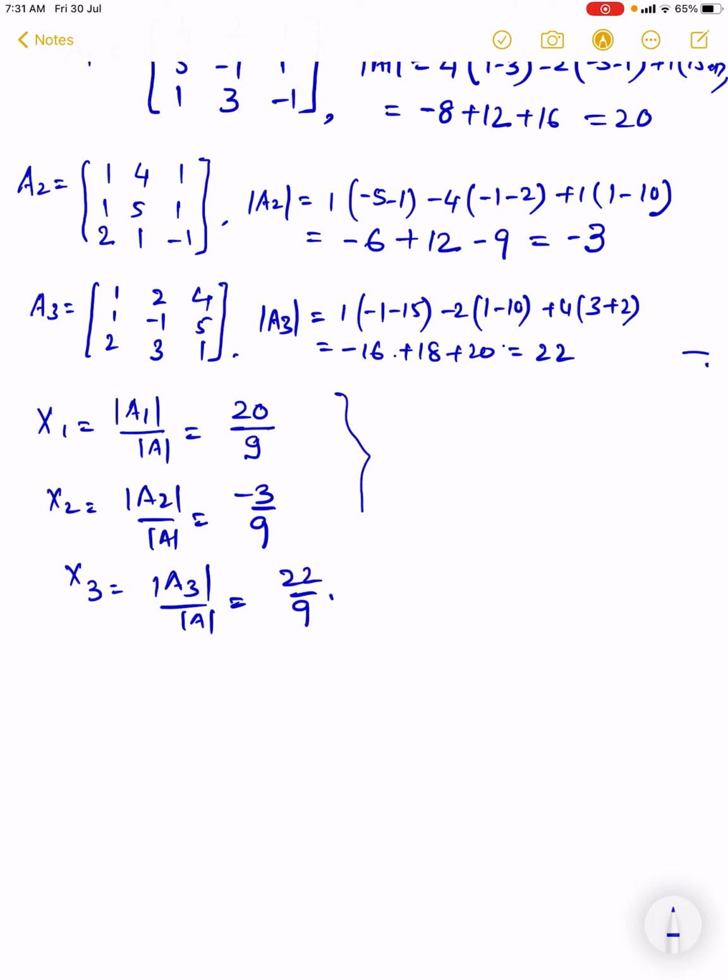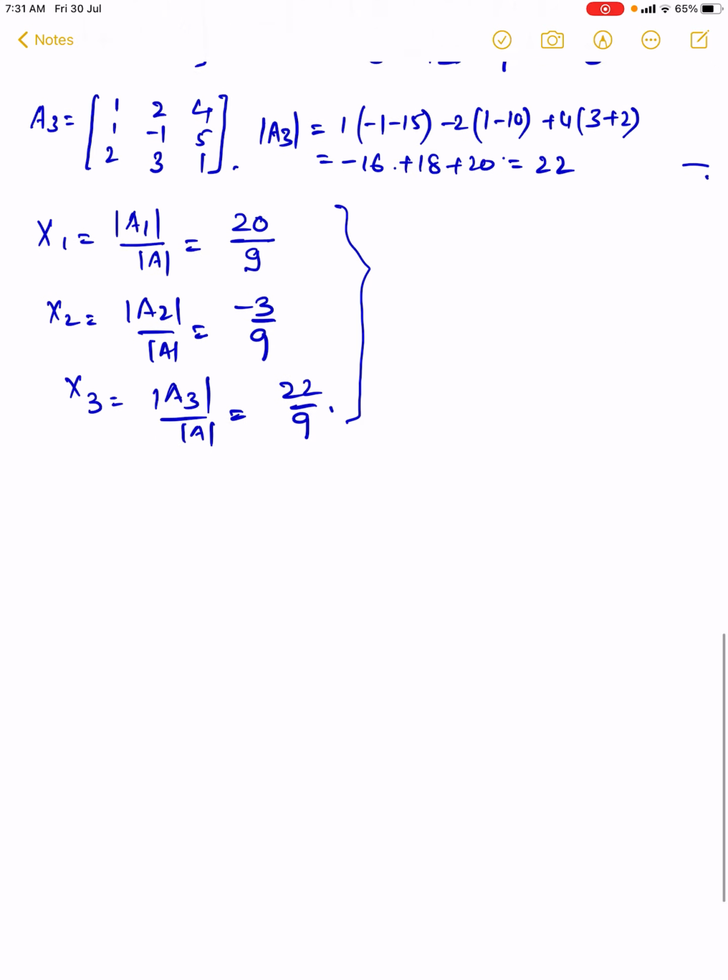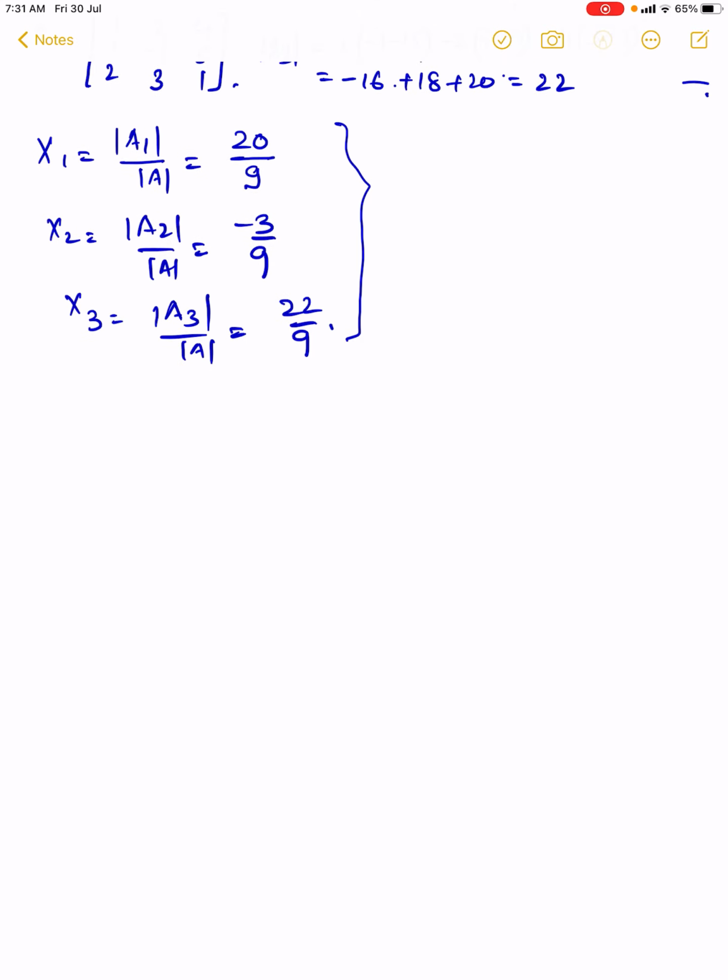So these are all the variable values which can be obtained by Cramer's rule, and the limitation of Cramer's rule is that determinant A must be a non-singular matrix.